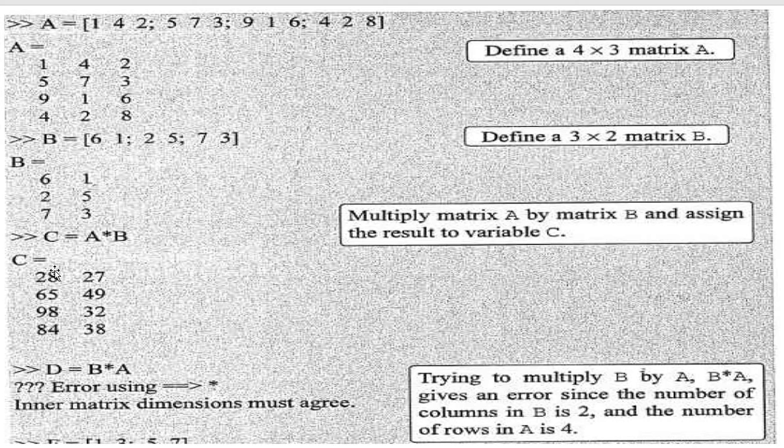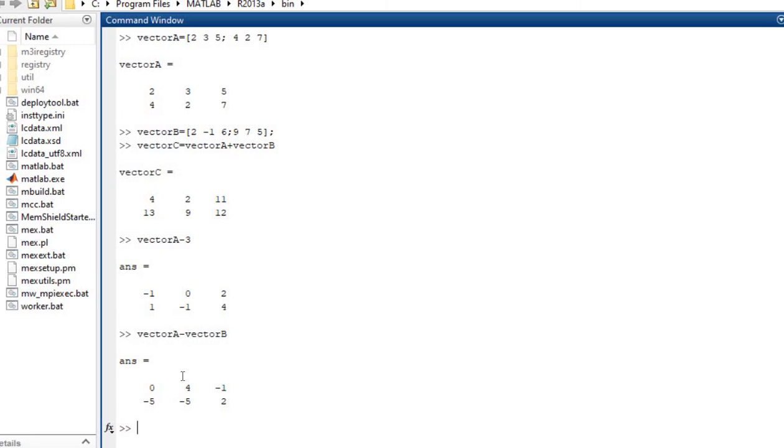The resultant matrix is 4 by 2, 4 rows and 2 columns. Suppose you want to multiply B star A, it is impossible because the order is changed: B matrix is 3 by 2 and A matrix is 4 by 3. So 2 columns is not equal to 4 rows. Therefore it is impossible to multiply. So now we are going to verify that one.